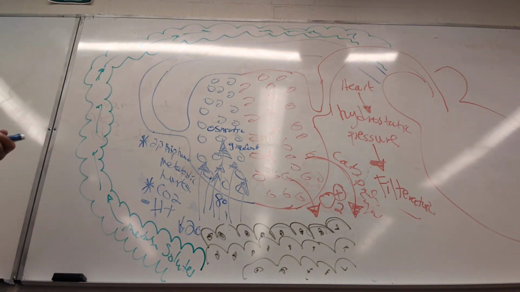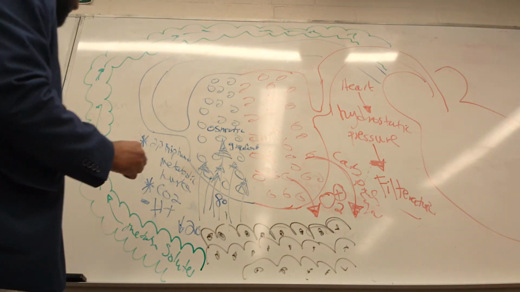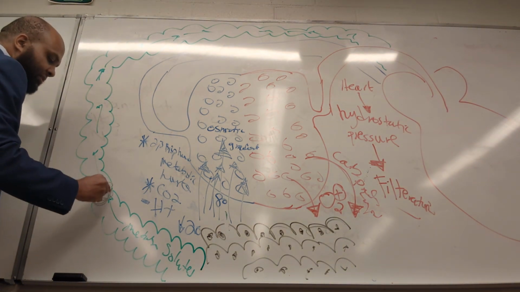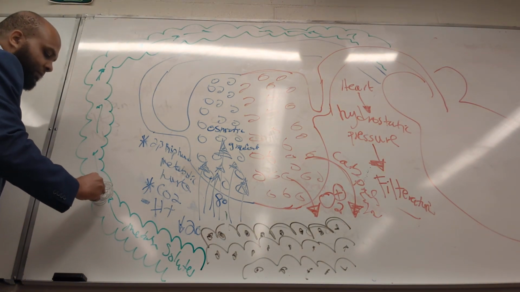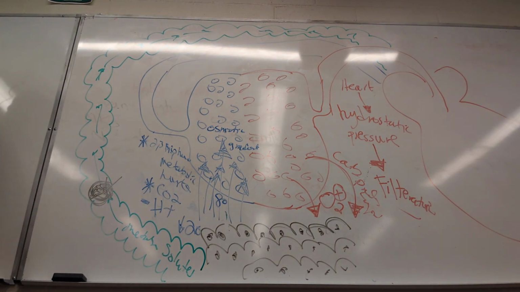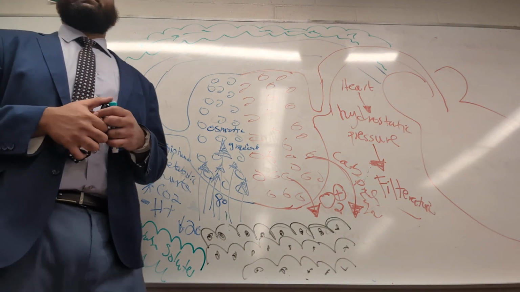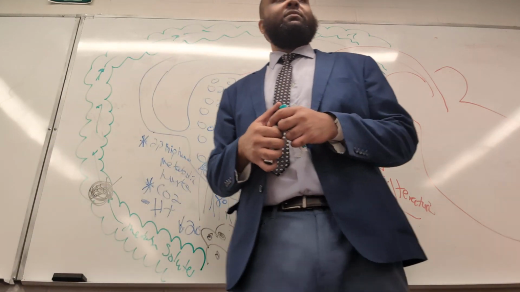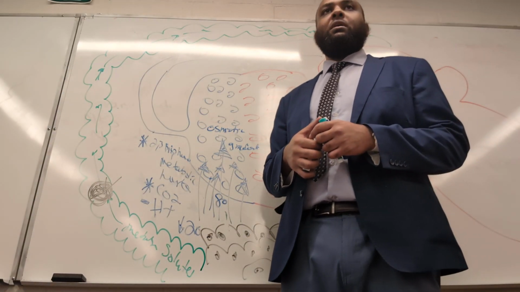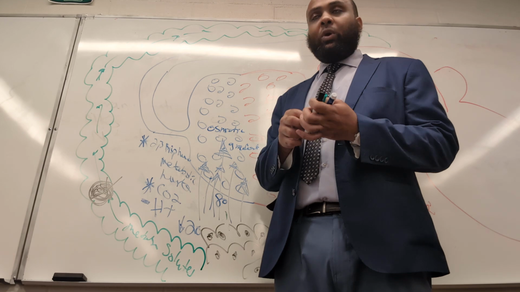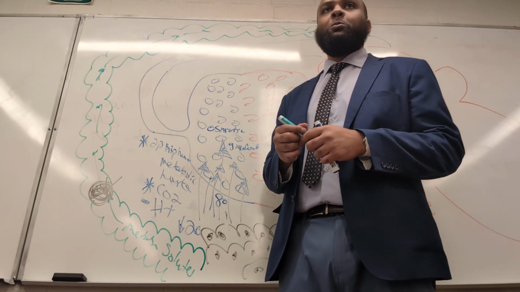So now there are diseases where there is an obstruction of the lymphatic duct. What does that mean when the lymphatic duct is obstructed? It's blocked. So when it's blocked, what is that going to lead to?